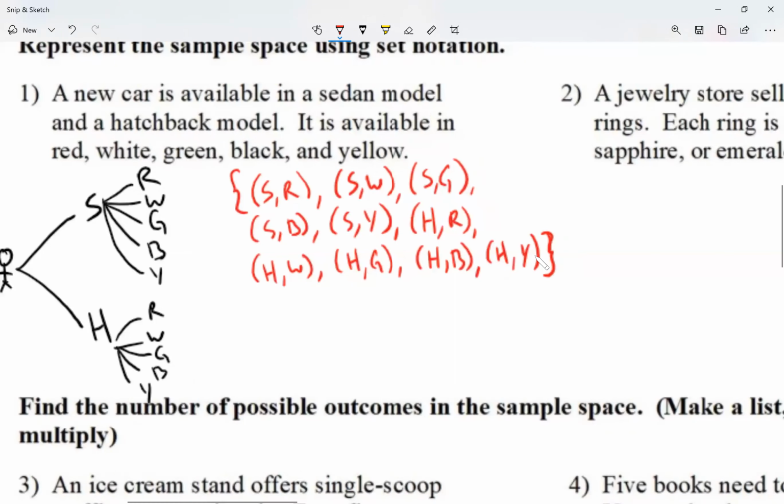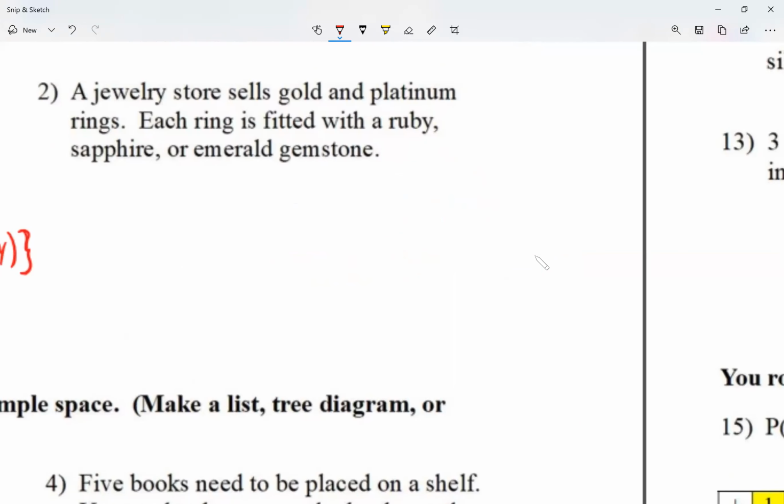Let's take a look at question number 2. A jewelry store sells gold and platinum rings. Each ring is fitted with a ruby, sapphire, or emerald gemstone. Let's say I show up to the store and they say, "Do you want gold or do you want platinum?"